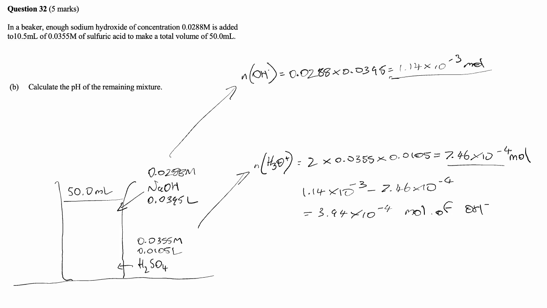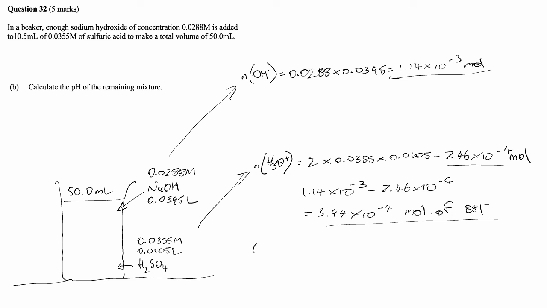So that's what we've got left over after neutralization occurred. We've cancelled out a number of moles and worked out we've got this many moles excess of OH. Okay, so if we've got a number of moles, we can work out the concentration of OH, then work out pOH, then we can work out pH.